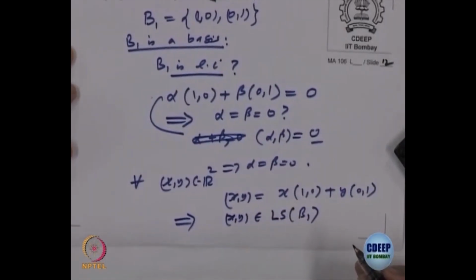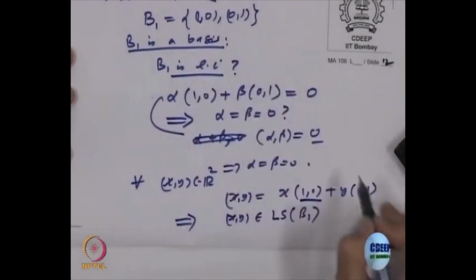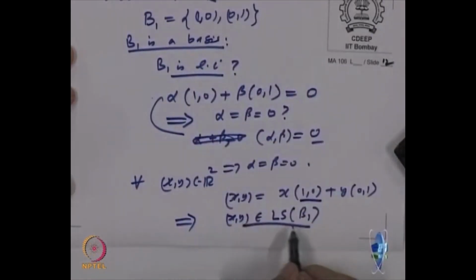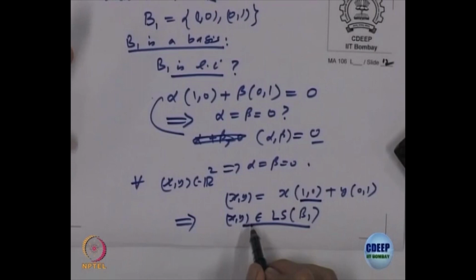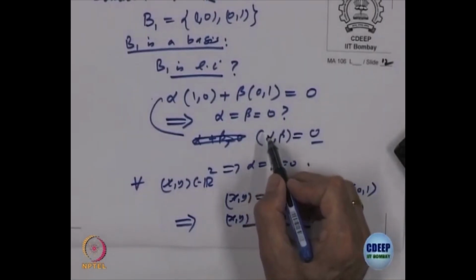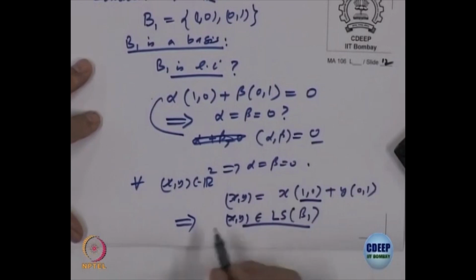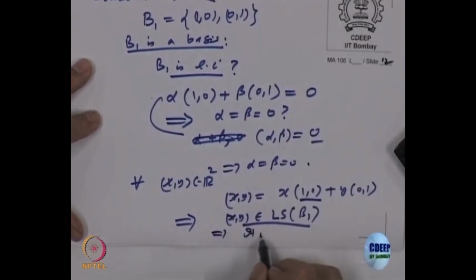So, the linear span of B1 is the whole space and it is independent. So, it generates: L of B is equal to the whole space, and with linear independence, that implies it is a basis.